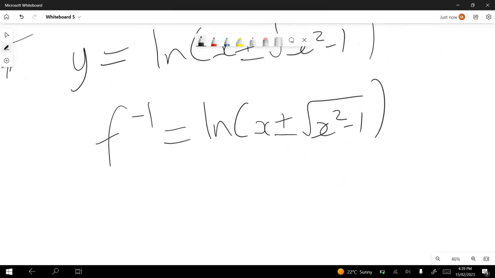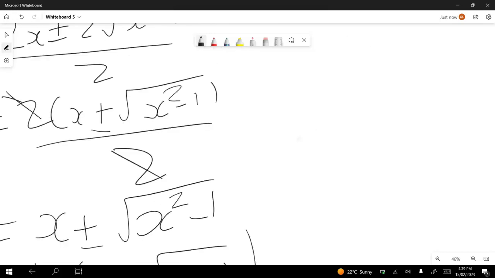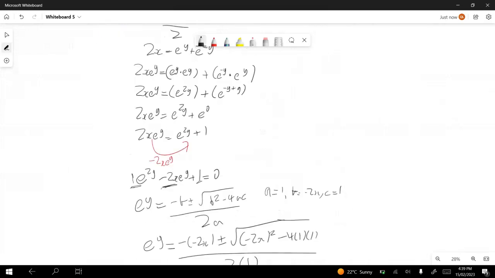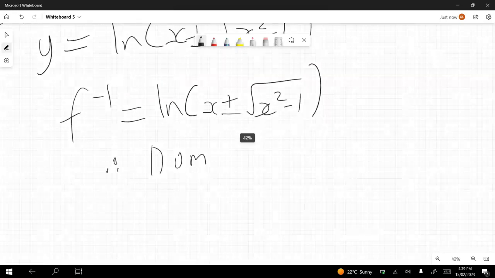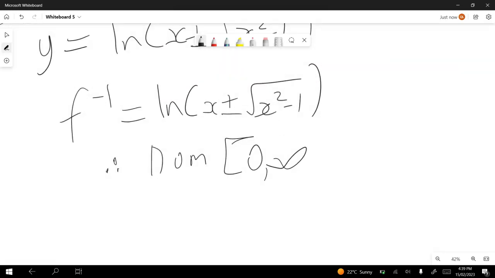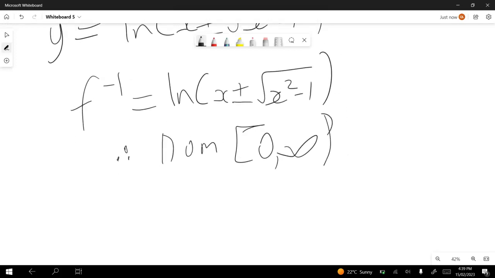Now, because the domain, what's the domain again? I think it was 0 to infinity. As the domain of f is 0 to infinity, that means it has to be positive, right?